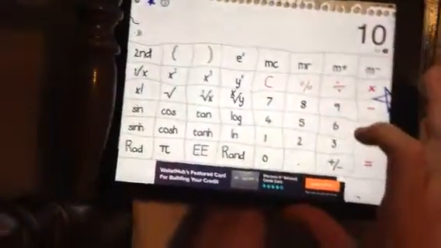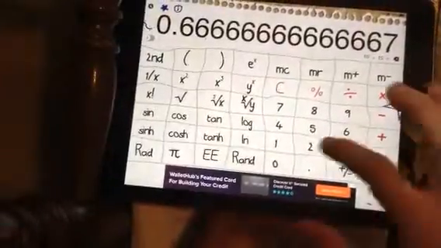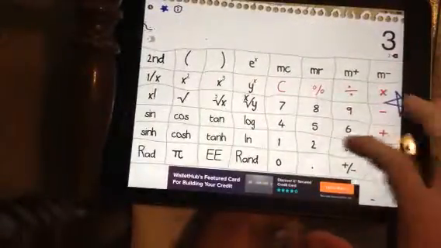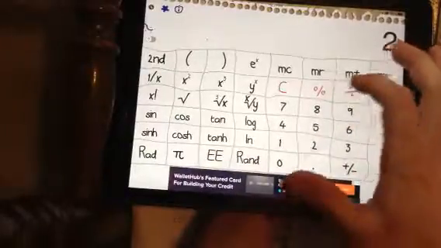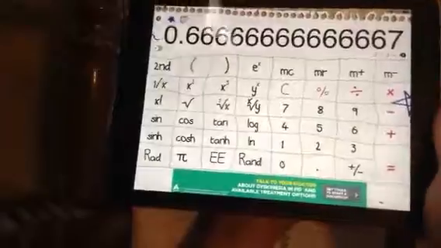If you don't believe me, 10 divided by 15 equals 0.666, and 2 divided by 3 is 0.6666. There we go. So 10 over 15 does equal 2/3. The question is right. But now we need to figure out what the value of x is.